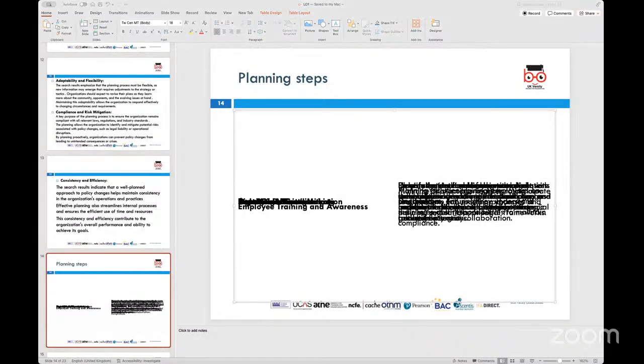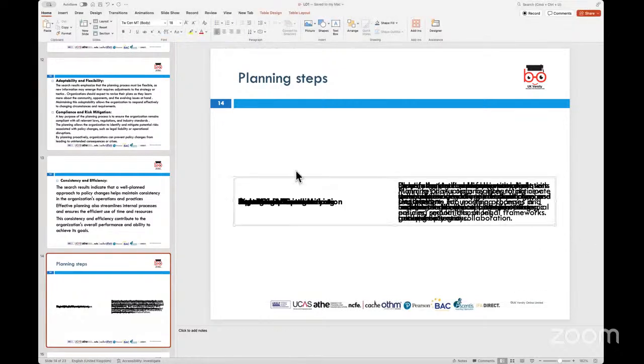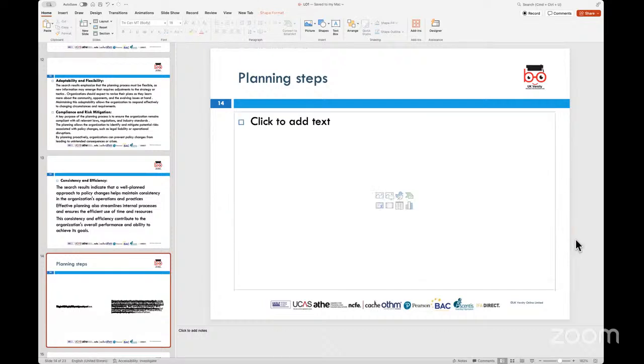So let me bring something across, which is a table that I've drawn. That table would give you a sense of what that planning process could be from the point of view of planning for the health and safety aspects within the organization.